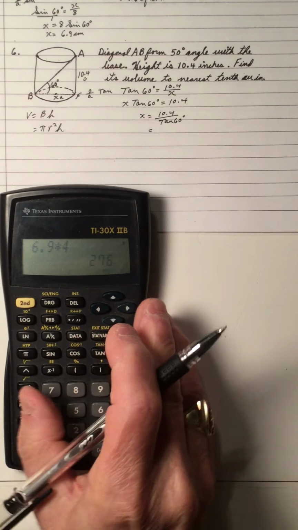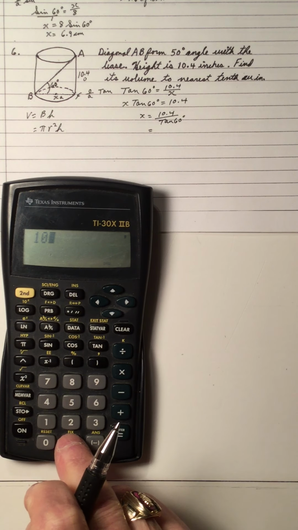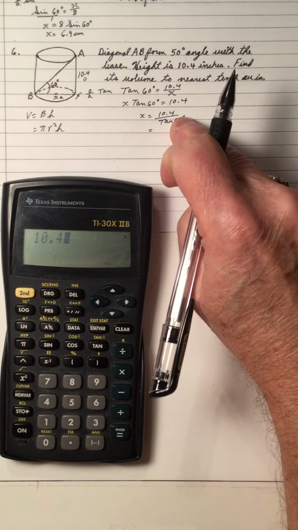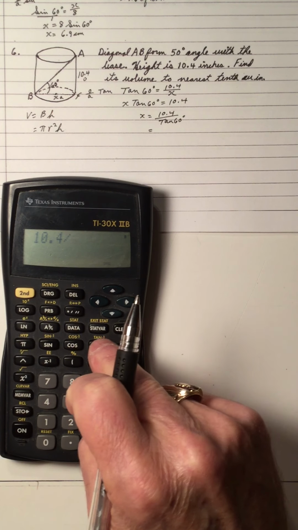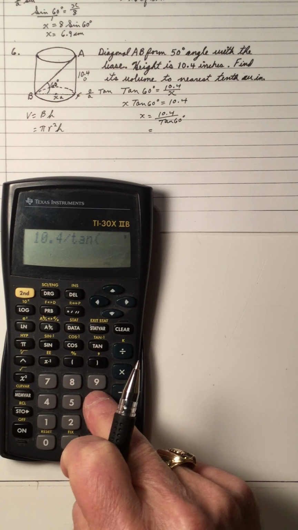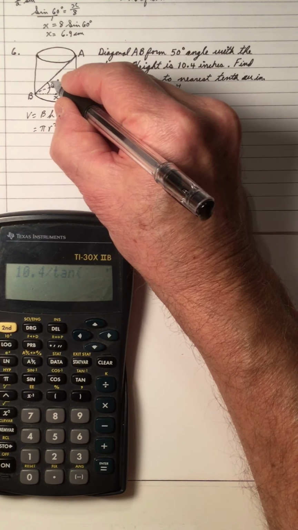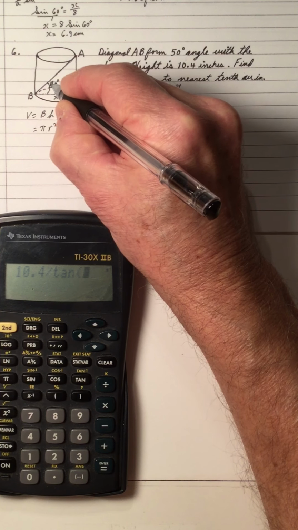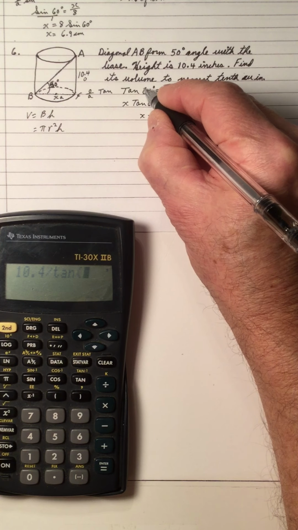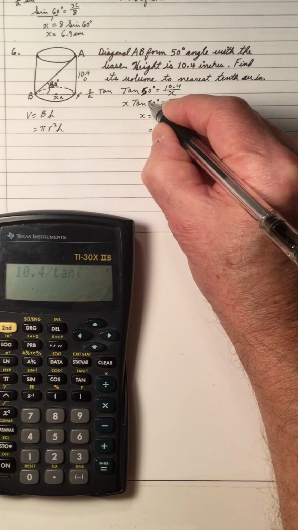So take my calculator, clear it, and 10.4 divided by tan of 60 degrees. Oops, did I say 60? It formed an angle of 50. I just noticed it. I don't know why I said 60 again.